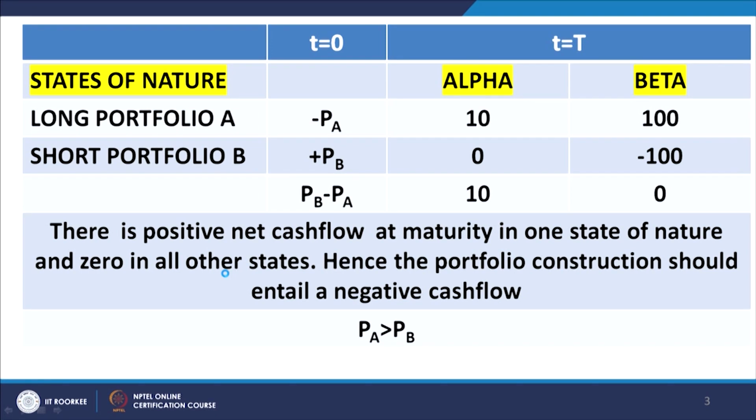Now, the payoffs from the combination of the long and short positions in portfolio A and B respectively, the net payoff is 10 if alpha state arises and 0 if beta state arises.